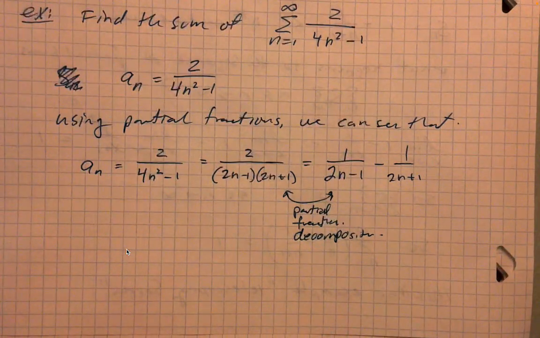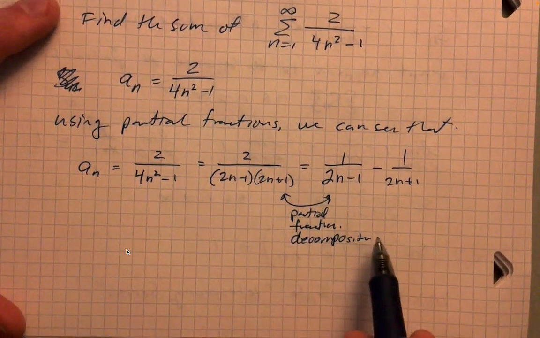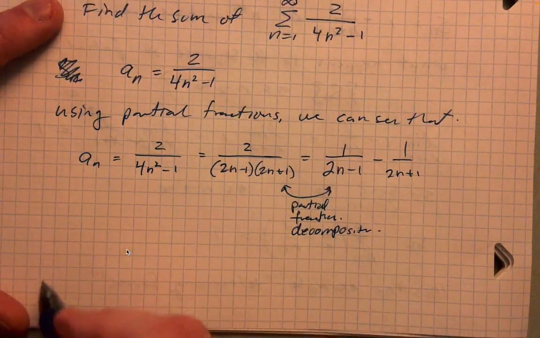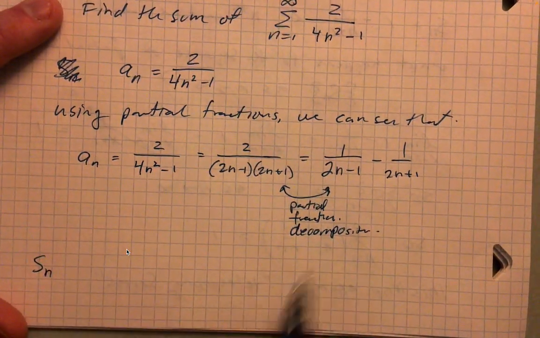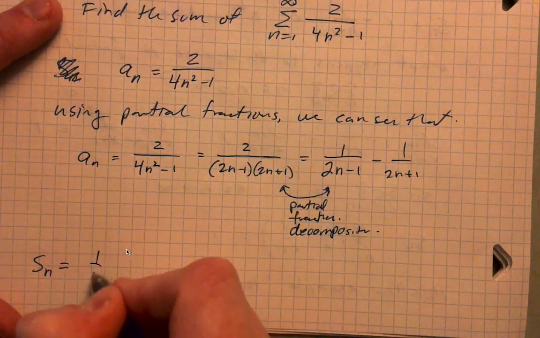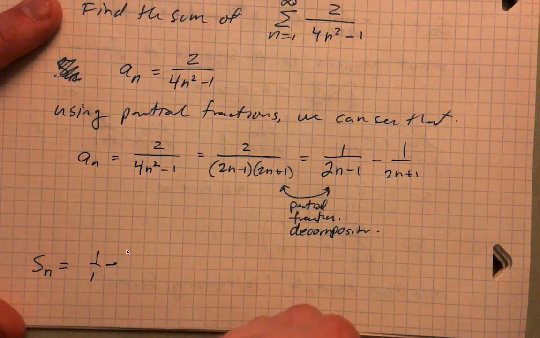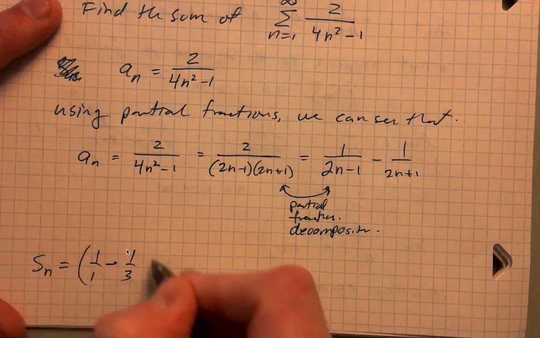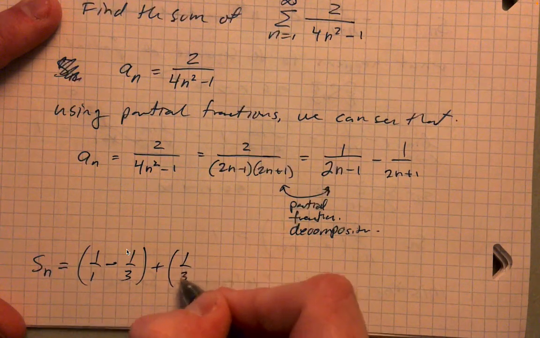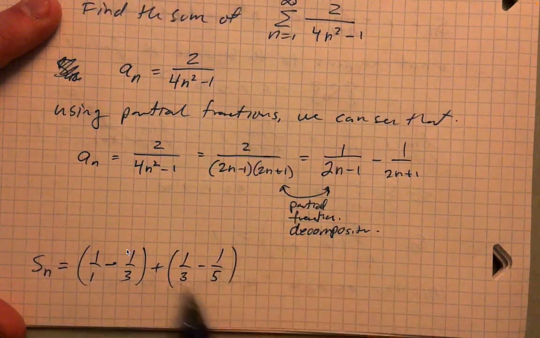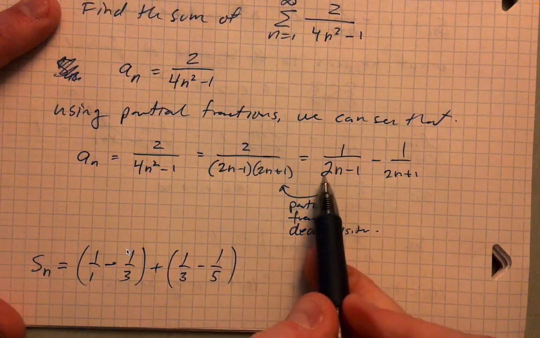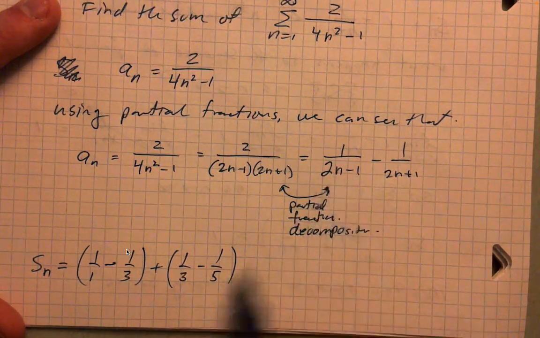Once you've done that, you can see something pretty clearly. The nth partial sum looks straightforward. S_n would be equal to 1 over 1 minus 1 over 3, that's the first term, plus 1 over 3 minus 1 over 5. Adding: 2 times 2 is 4, plus 1 gives you the 5, and 4 minus 1 gives you the 3.